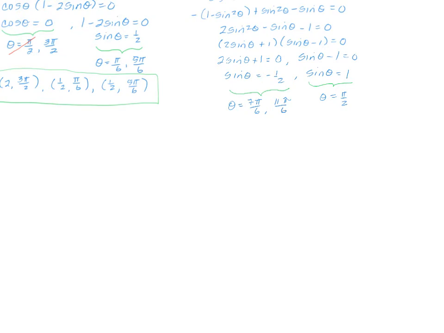Putting those values into our r function, we have the points 3/2, comma, 7 pi over 6, and 3/2, 11 pi over 6. And we also have a vertical tangent line at pi over 2.